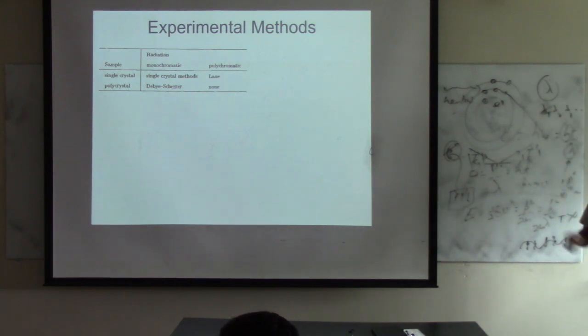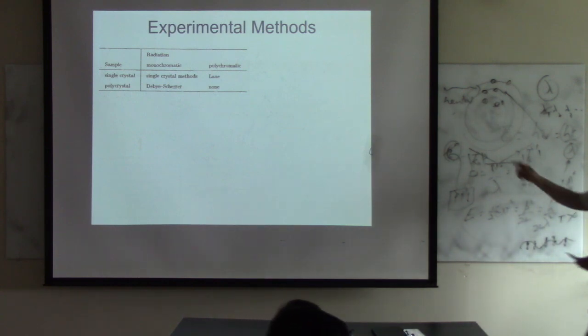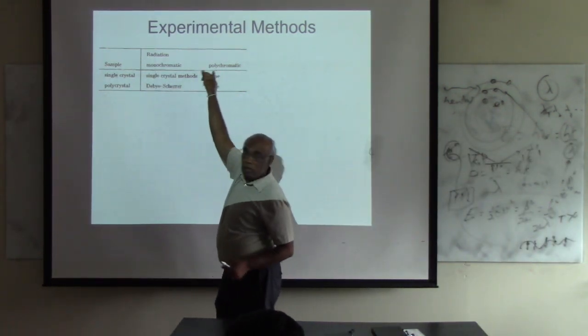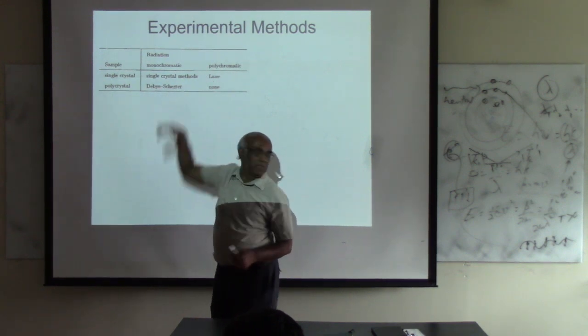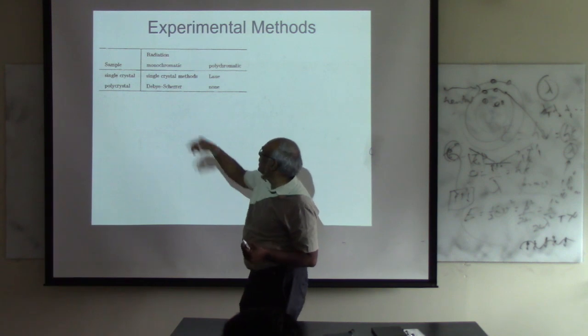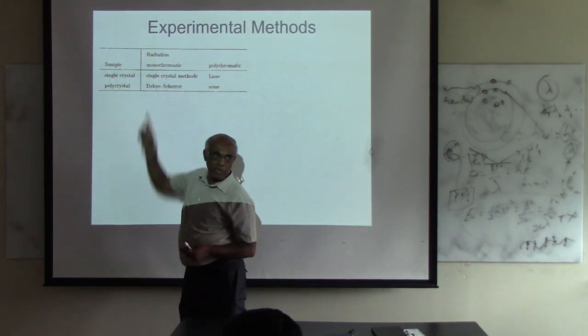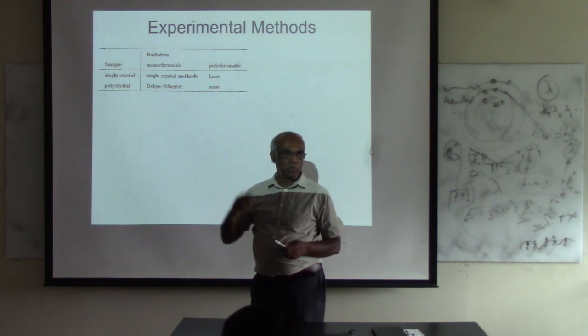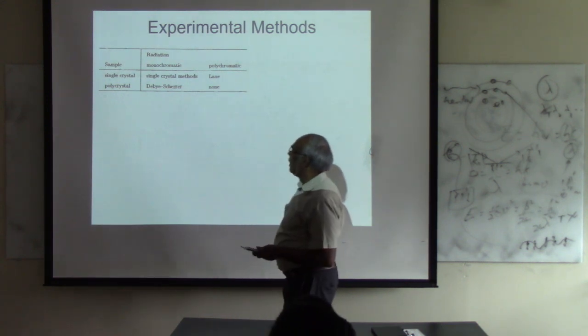So here I can talk about radiation of monochromatic and this is polychromatic. That means you have many wavelengths. But what we use here is mostly monochromatic radiation. You have one particular wavelength, mostly coming from copper K alpha.